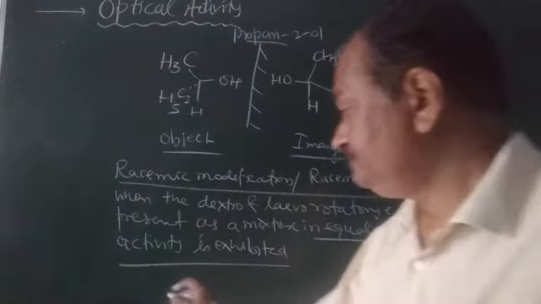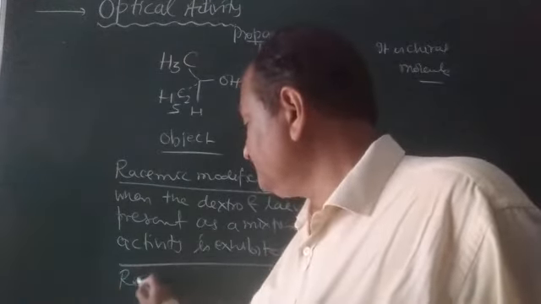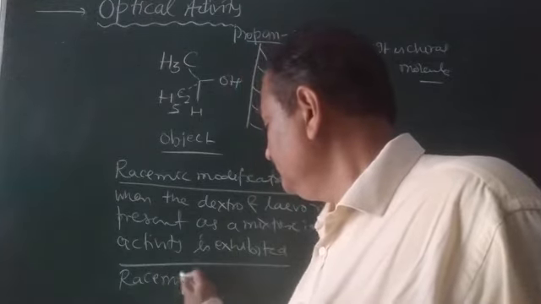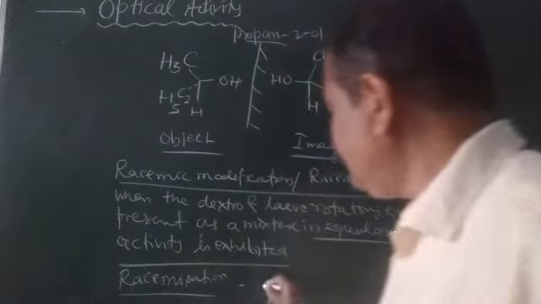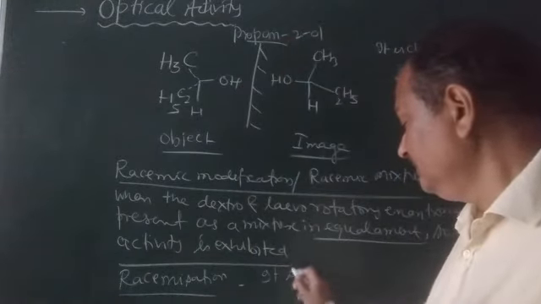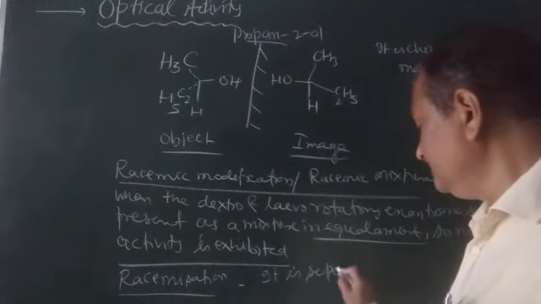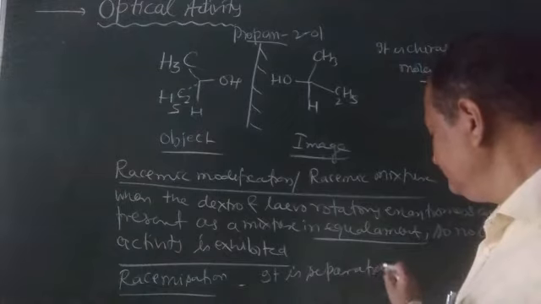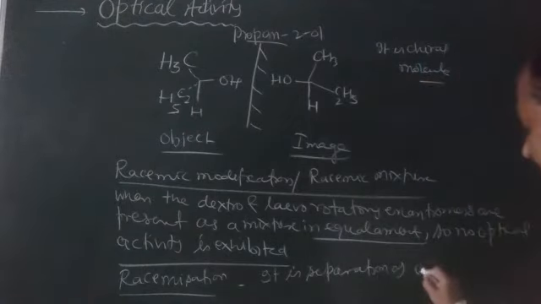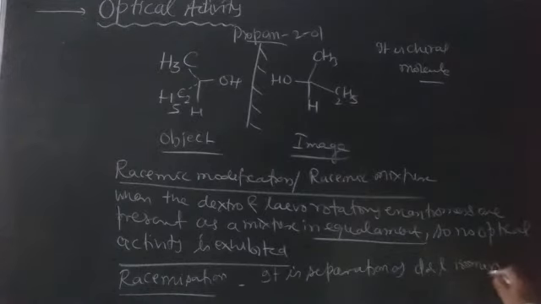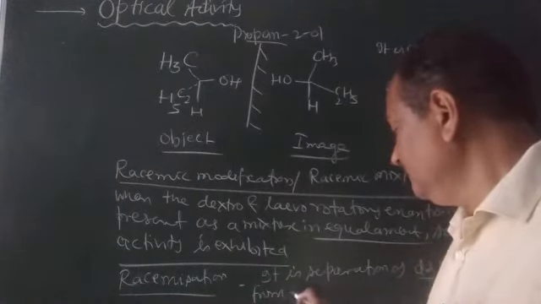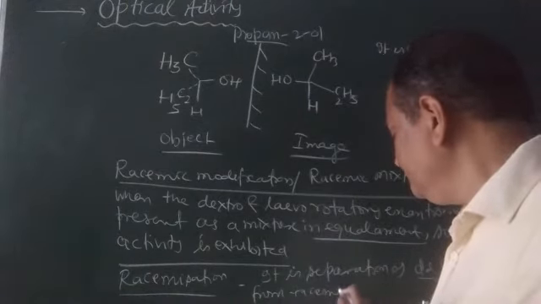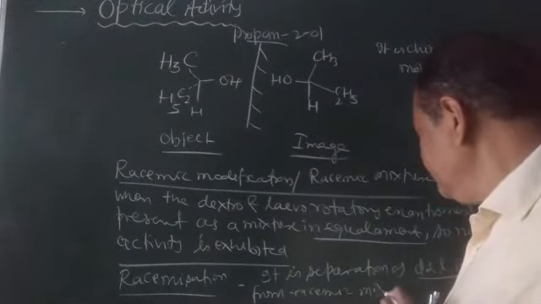Now opposite is racemization. Racemization is the separation of D and L isomers from the racemic mixture.